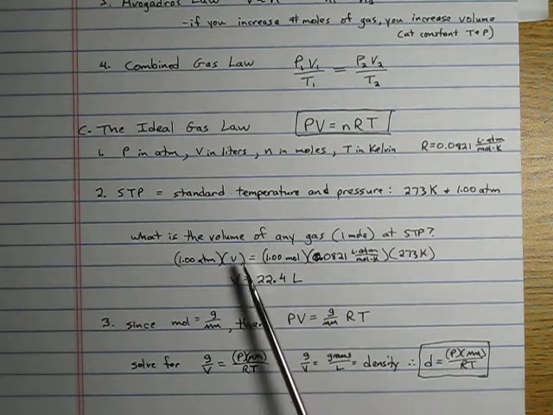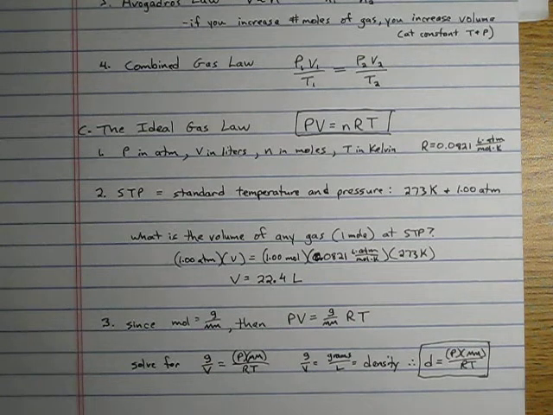We do the math, and volume equals 22.4 liters. At standard temperature and pressure, 1 mole of any gas occupies 22.4 liters. If you have helium gas at standard temperature and pressure, 1 mole of helium gas will occupy 22.4 liters. 1 mole of nitrogen gas occupies 22.4 liters at standard temperature and pressure.